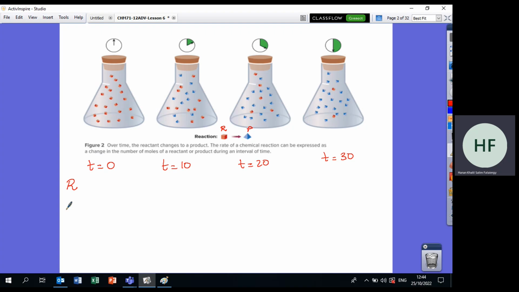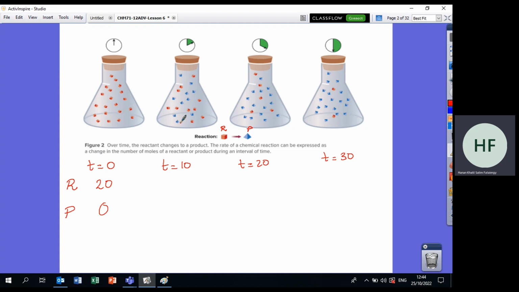Now let's see what's happening to the reactants and to the products. First of all, I want to count the number of reactants here. I think they are 20. So I have 20 reds. Now how many products do I have, which is the blue? I have 0. Why? Because the reaction did not start. The time is 0. I have all reactants. I don't have any products.